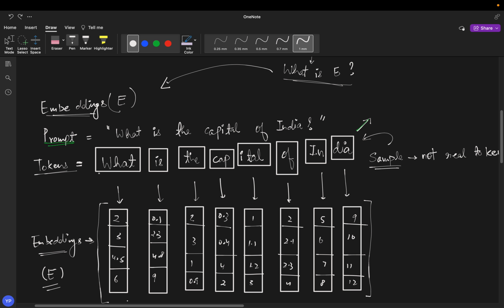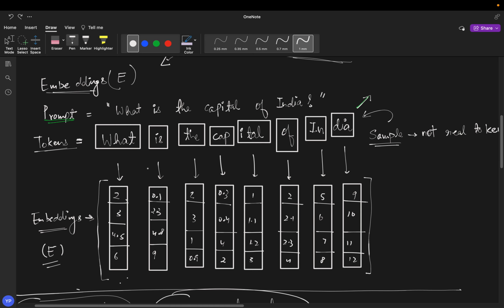After tokenization, each token is converted into its embedding. You can just pass it to an embedding model and get some embeddings. These base embeddings are nothing but the representation of a particular token in vector form.